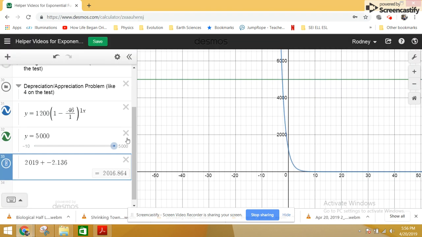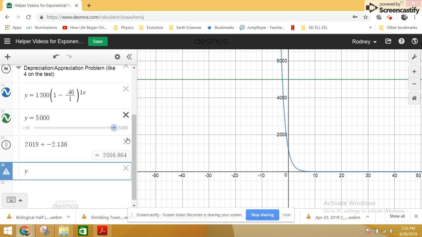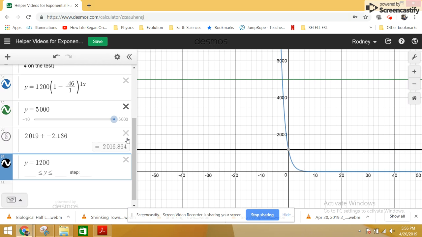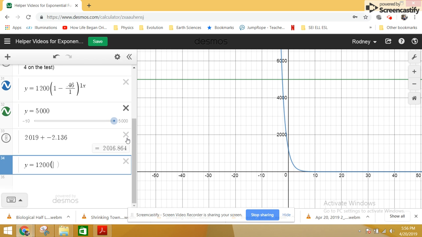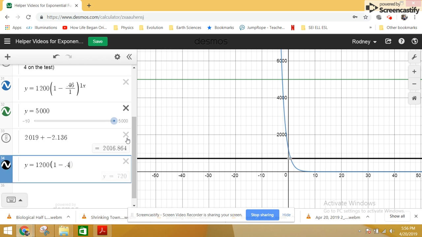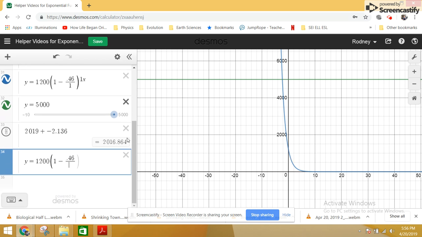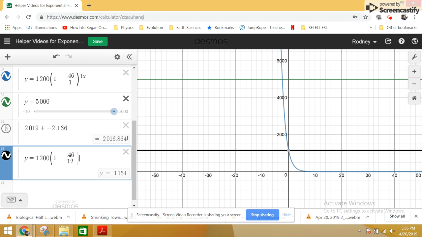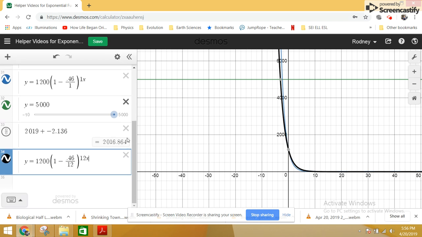So let's go back into Desmos, and we say y equals 1,200 times 1 minus 0.46 divided by 12 raised to the 12x power. And now I'm going to turn the other one off to make it a little less confusing. We see where that intersects. It intersects at 3.043.